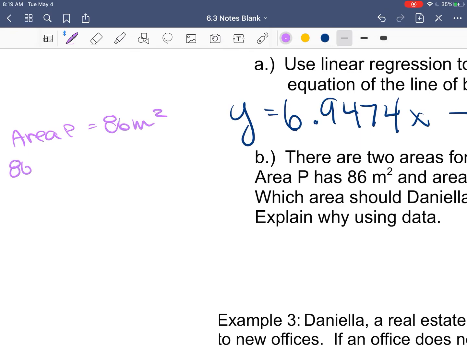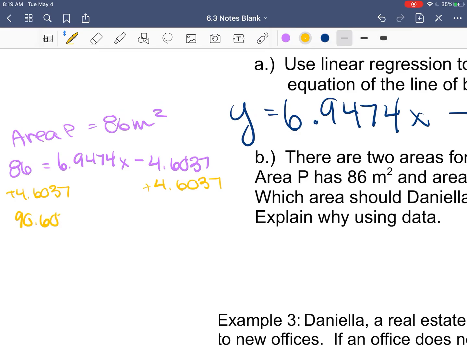So 86 is equal to 6.9474x minus 4.6037. To solve, I'm going to add 4.6037 to both sides. 86 plus 4.6037 is 90.6037, which is equal to 6.9474x.